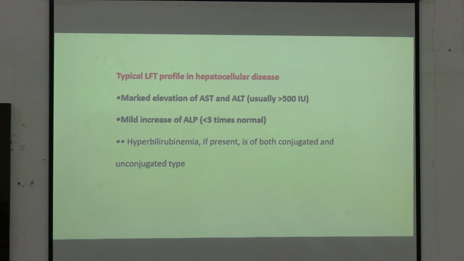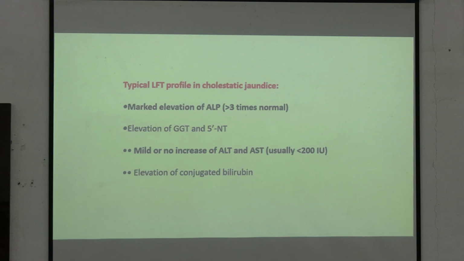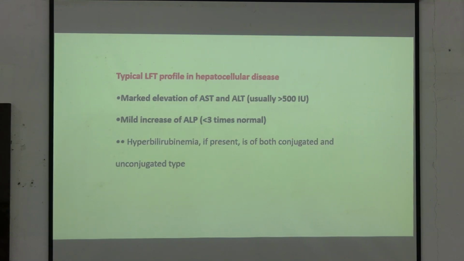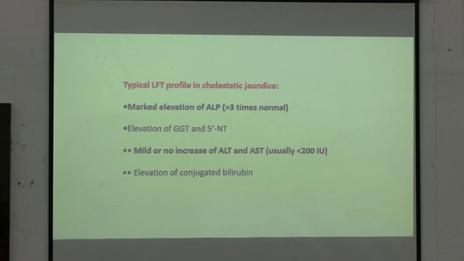So the basic difference is, in hepatocellular disease, marked elevation of AST and ALT and mild increase of ALP. And in cholestatic jaundice, there will be marked elevation of ALP and mild or no increase of ALT and AST, just the opposite picture.